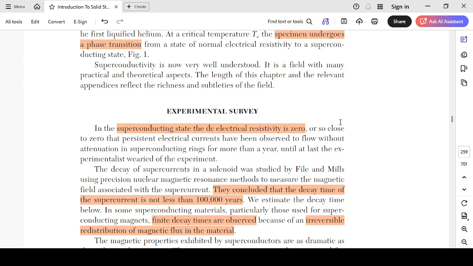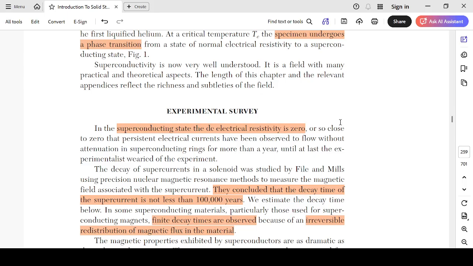The result is that if an electrical current flows through that specimen in the superconducting state, that current will persist forever. In principle, the current will flow without any decline in its value for infinite time.